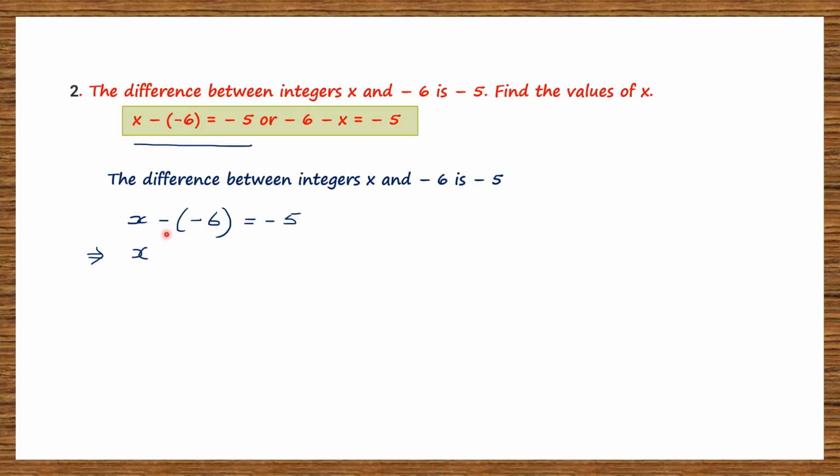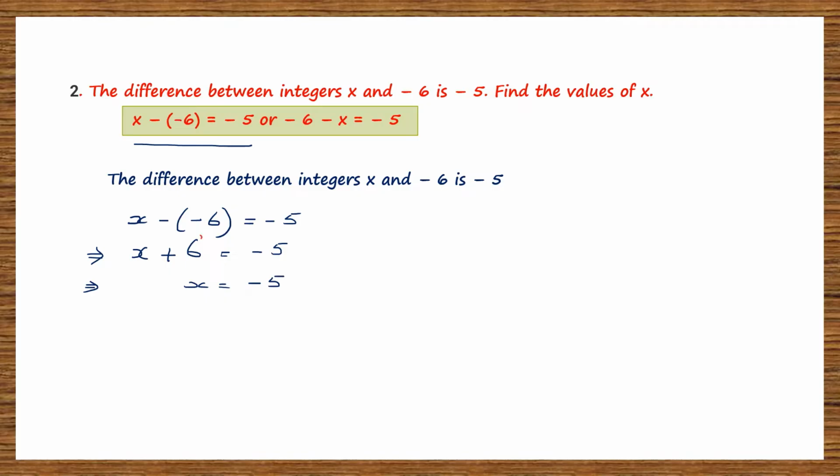The sign outside the bracket is minus. If it is minus, this sign will change. Minus 6 will become plus 6. So we take away the sign and we put plus 6. So x plus 6 is equal to minus 5. Now we can solve for x. x is equal to, on the right hand side we have minus 5 as it is.